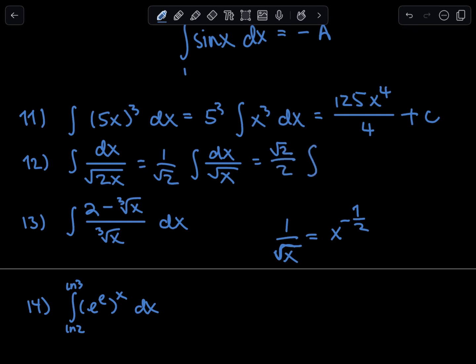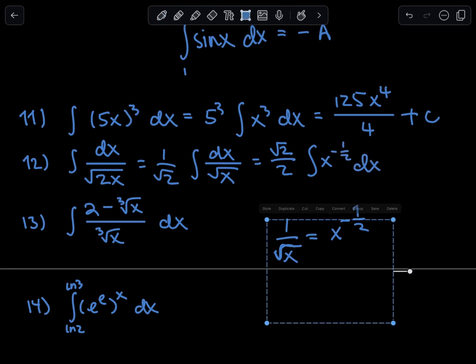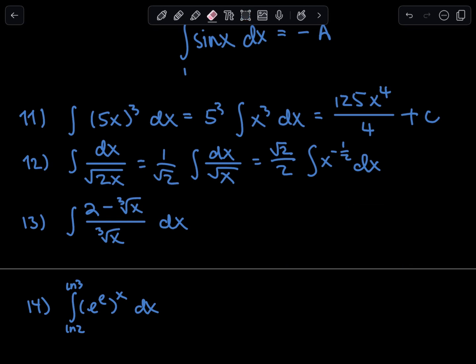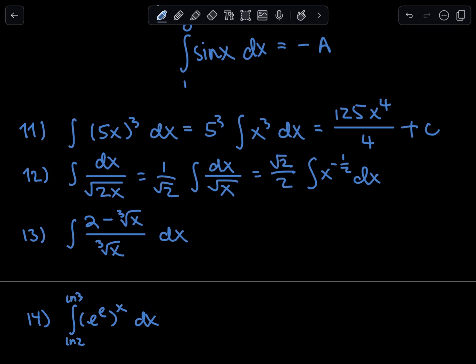And then the integral of x to the power of minus 1/2 dx. Okay. And now this will just be, well, let's copy square root of 2 over 2, and then add 1, so times x to the power of 1/2, add 1, and then divide by 1/2.